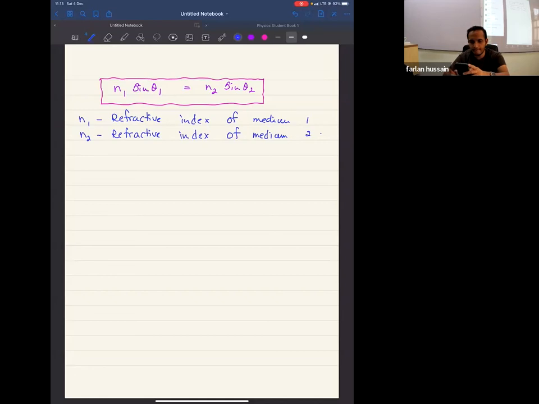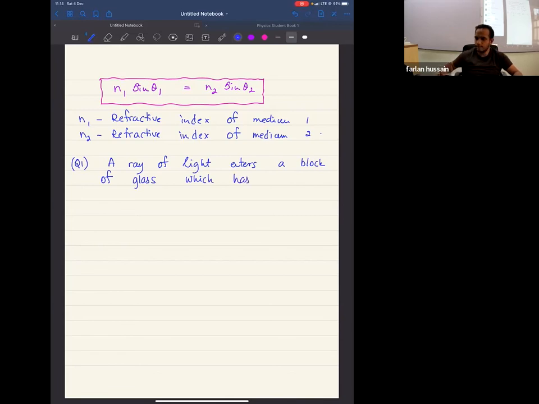Write down a question. A ray of light enters a block of glass which has a refractive index 1.52, as shown in the diagram below.